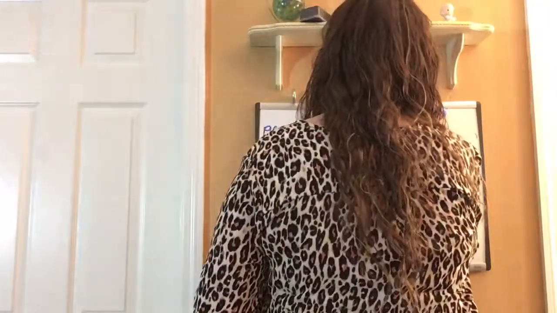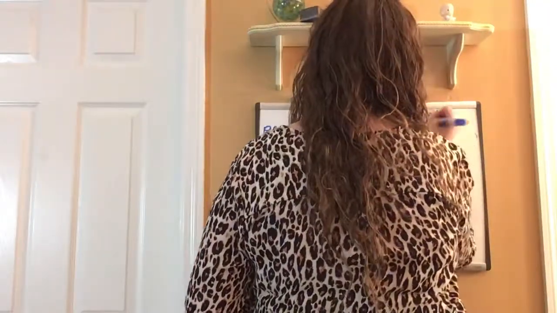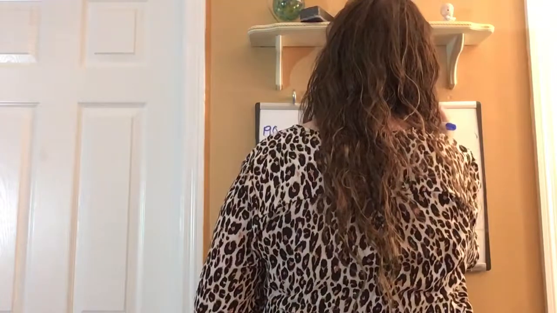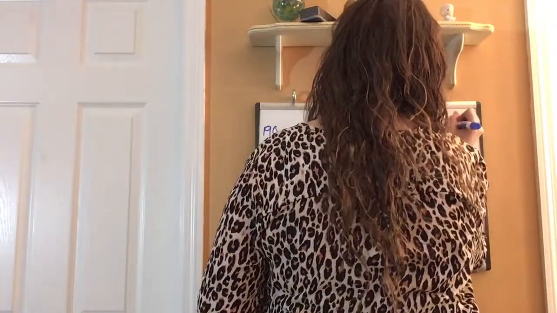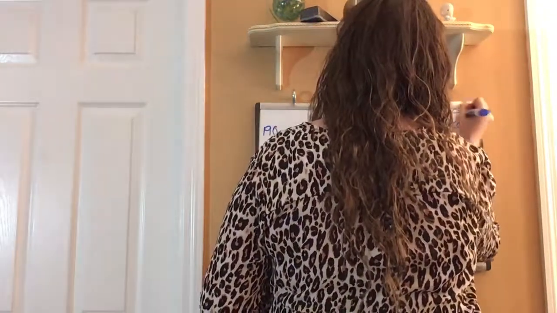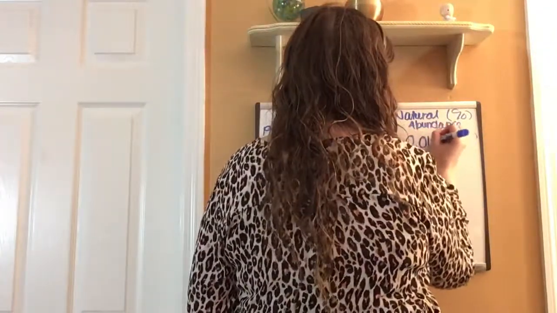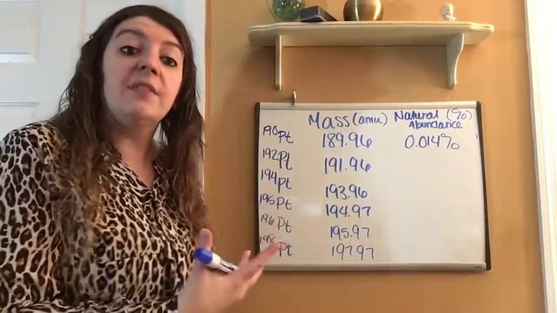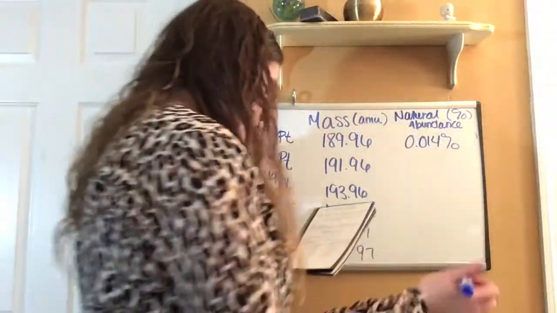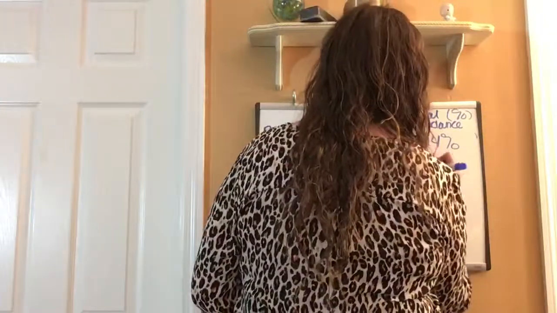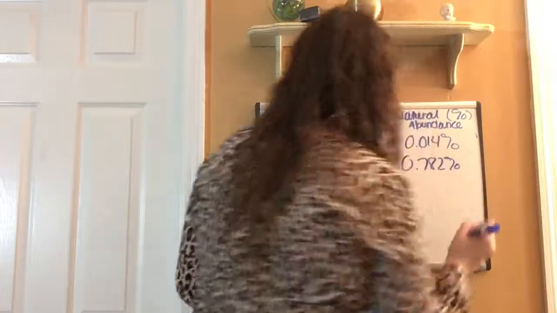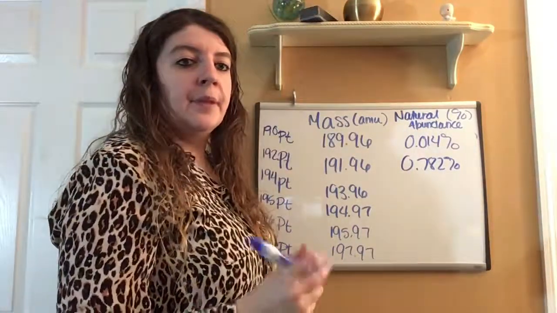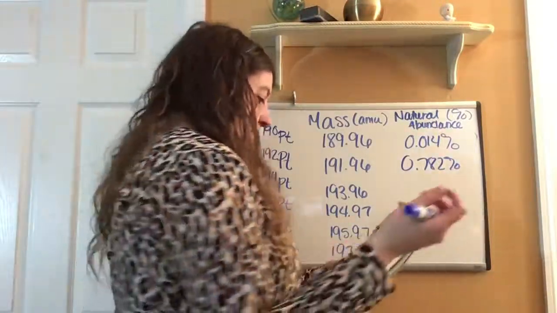Next is going to be natural abundance. So for the first one, we're going to get 0.014%. Not a whole lot. Still naturally exists. It's got enough to have significance, so we should add it. Next one's 0.782. Again, not so much in the environment. Just how it is.